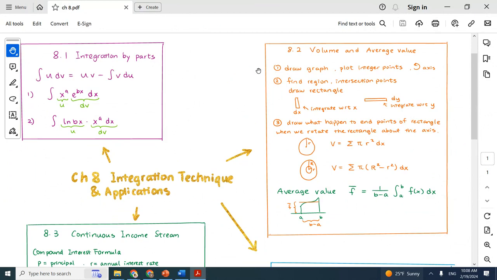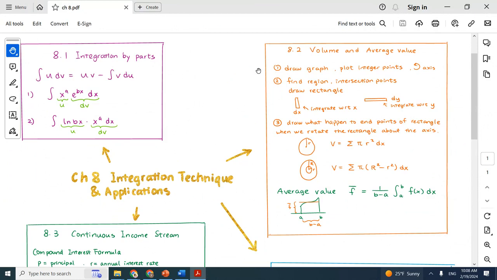And then when we draw a rectangle for our class, we only rotate about the x-axis, so our rectangle is always a vertical rectangle. The width is dx, and the height is the radius, which depends on the picture. So you draw the two endpoints of the rectangle, rotate the rectangle about the x-axis, and see what you get.